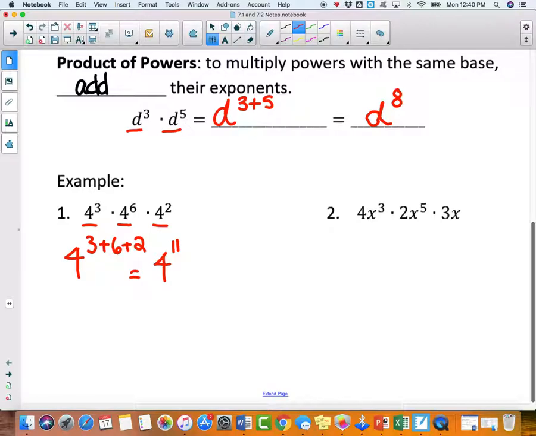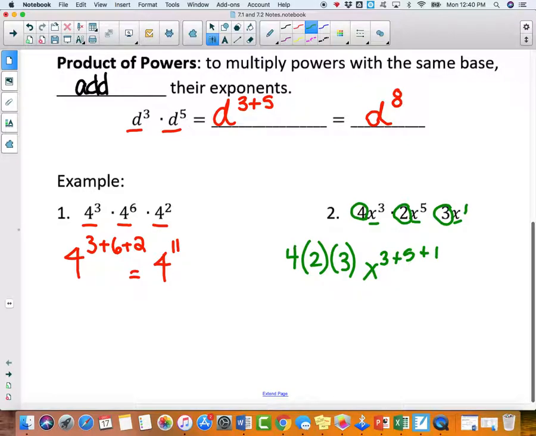Example 2 is a little bit different because the bases in these powers are actually the x's. The 4, the 2, and the 3 are coefficients. We have to multiply the coefficients, 4 times 2 times 3, and then I can use that rule about when the base is the same, you add the exponents: x to the 3 plus 5 plus 1.